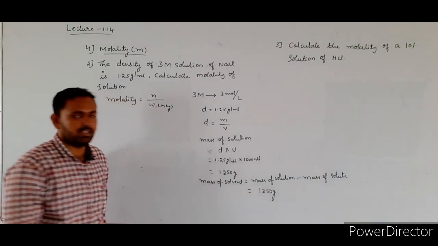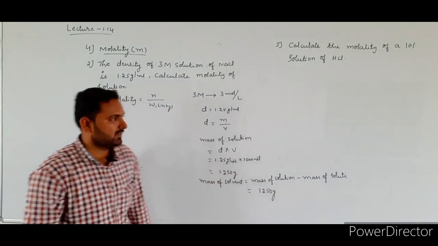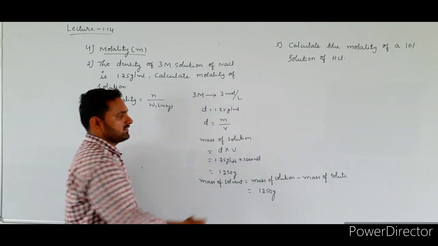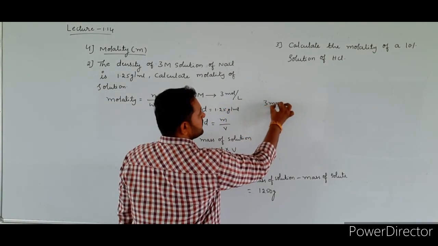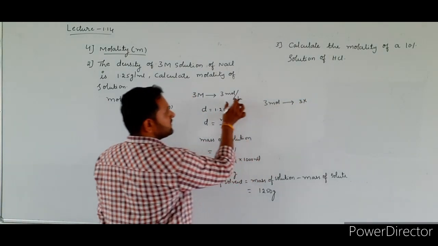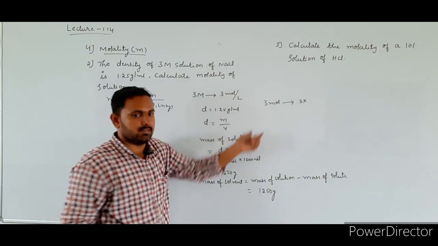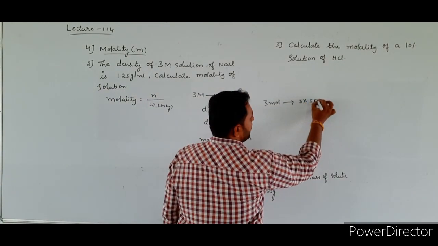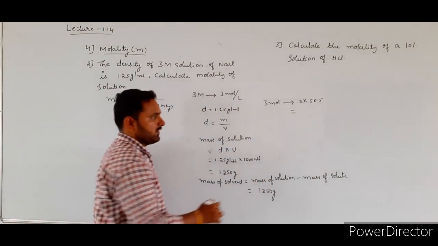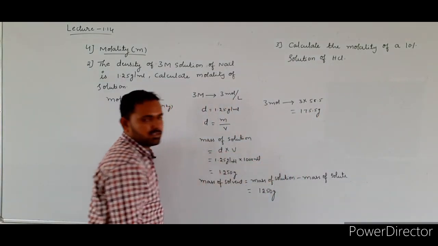Then what is the mass of solute? 3 moles. 3 moles is equal to how many grams? 3 into the molar mass of sodium chloride, which is 58.5. If you multiply these two, you will get 175.5 gram. This is the mass of solute.